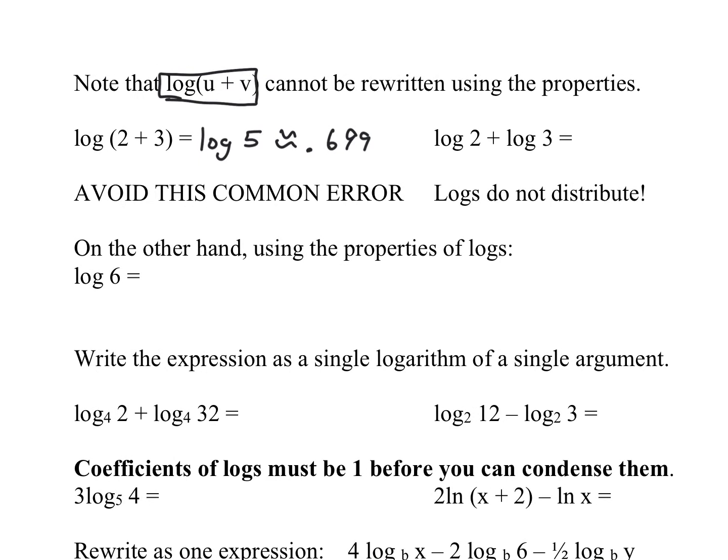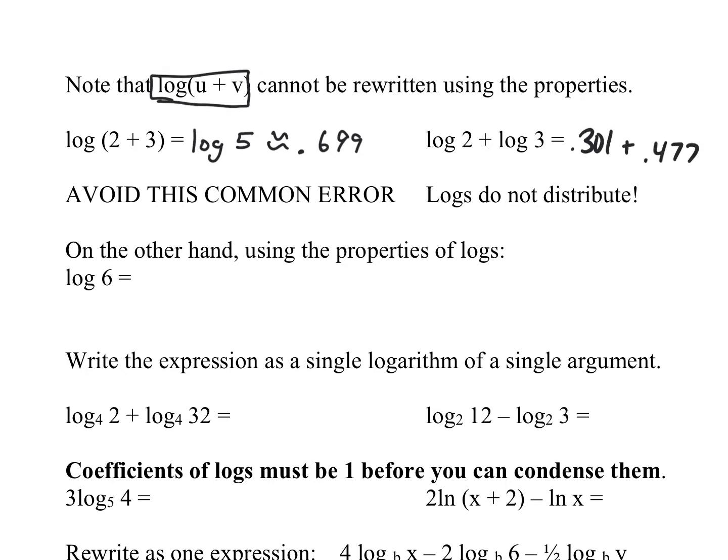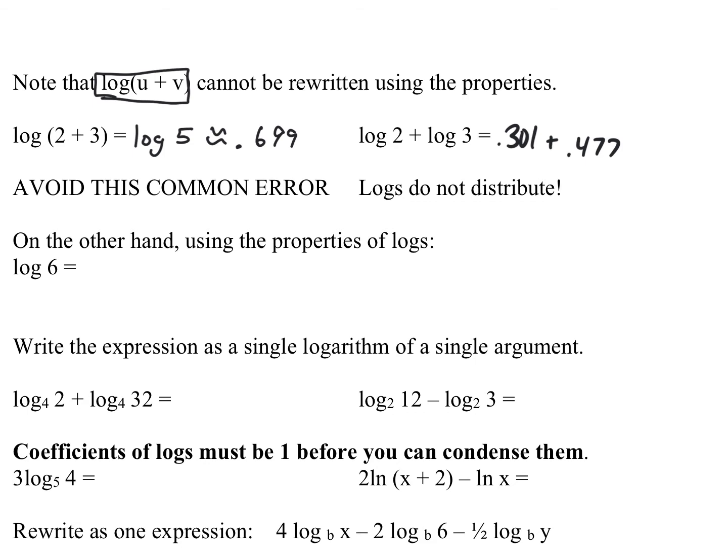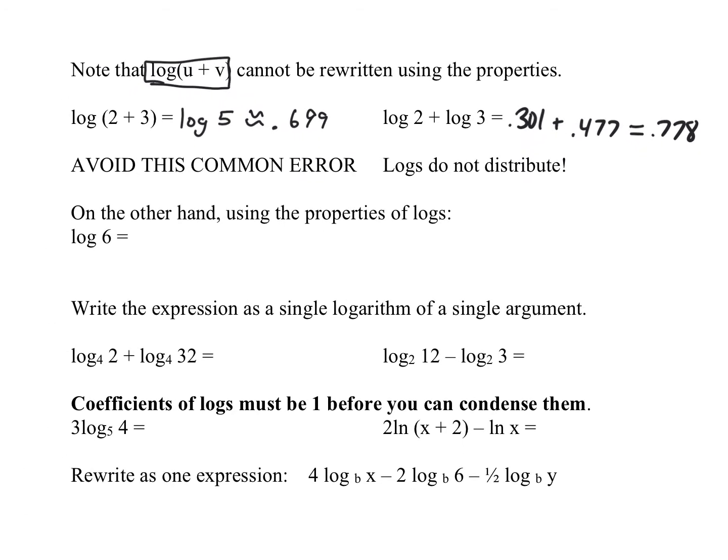The log of 2 plus the log of 3 would be 0.301 plus 0.477, and we can see that's pretty clearly not 0.699. That's more like 0.778. You can see here, avoid this common error: logs do not distribute. We cannot split up a sum if we're taking the log of that sum.